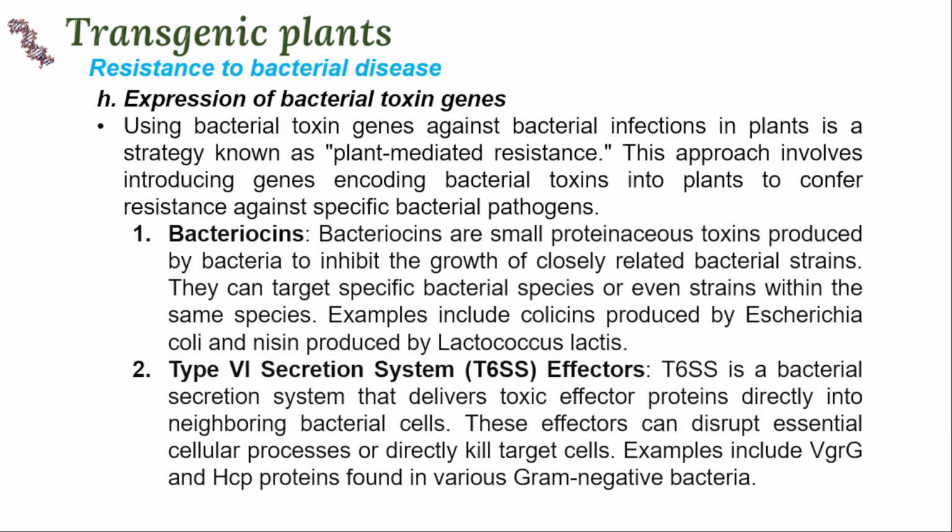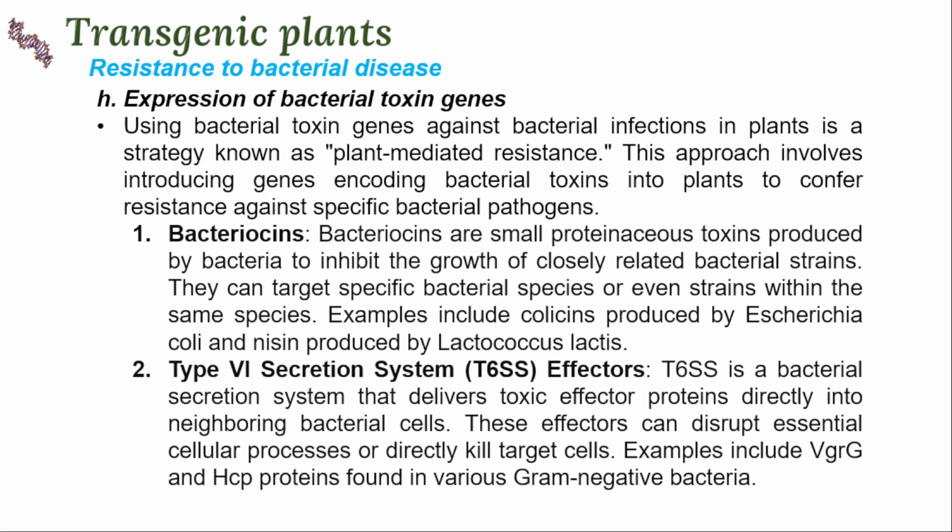And one more approach is called expression of bacterial toxin genes. These genes either originate from the bacteria or from other closely related bacterial strains. You already know that two different bacteria will not grow together on a master culture plate. They have a zone of inhibition because they produce some chemicals that defend against the opposite bacteria.